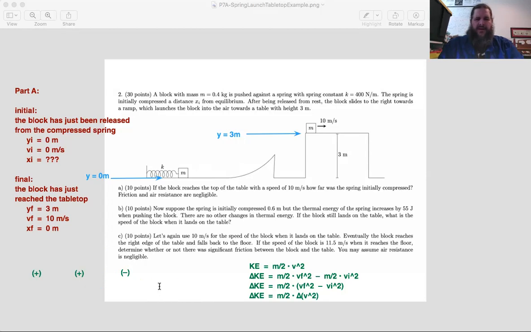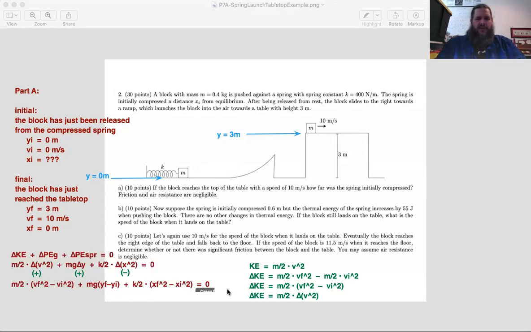And delta x squared can be written as x final squared minus x initial squared. And of those, what's the only unknown? What's the only part of this we don't have a value for?